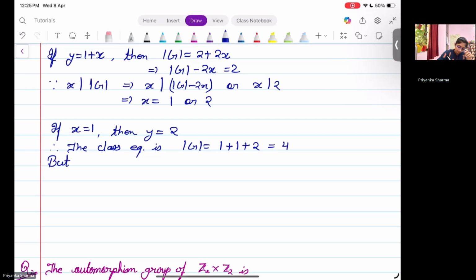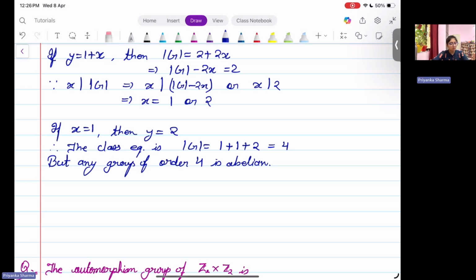But see, order of G is 4, and any group of order 4 is abelian. So all the conjugacy classes will have exactly one element in that case.